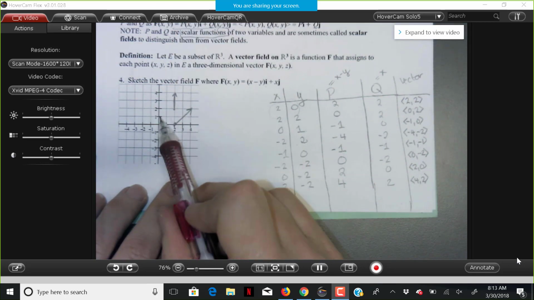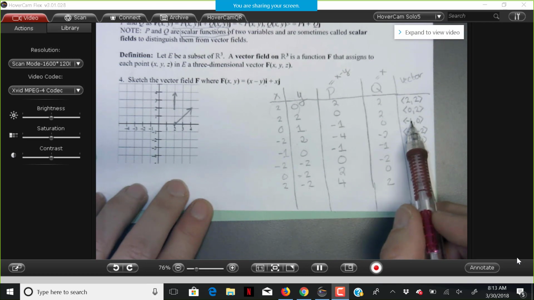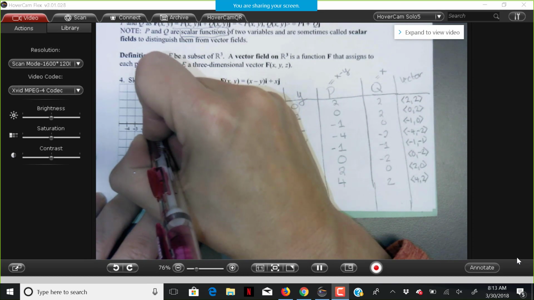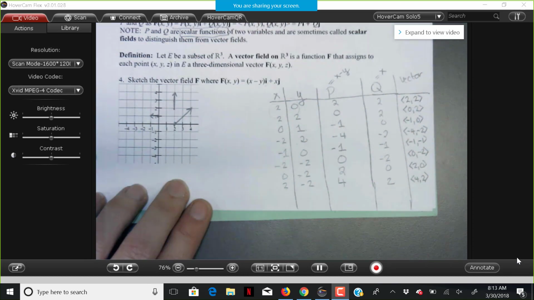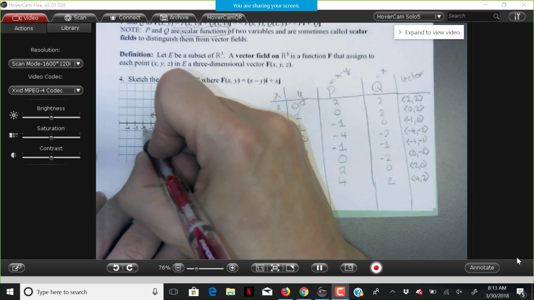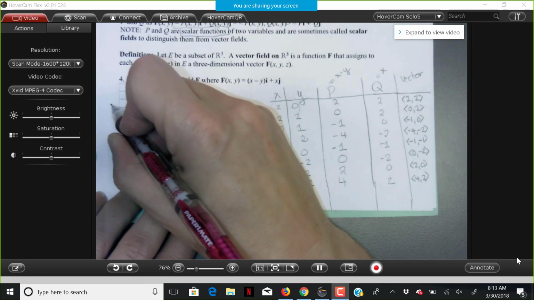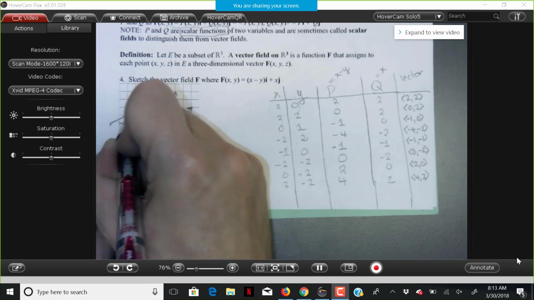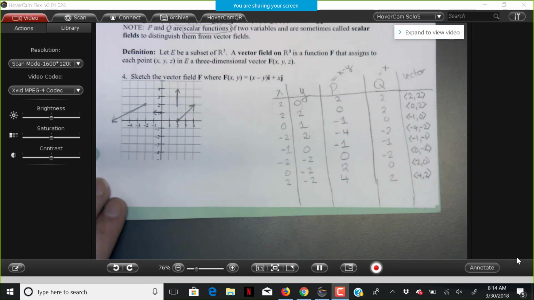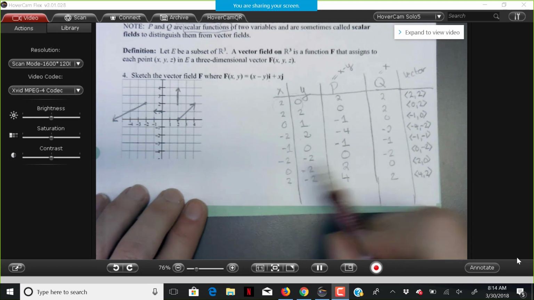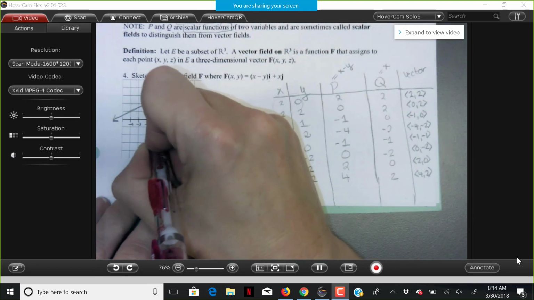And then at the point 0, 1, we go left 1, and there's no vertical component. And then at negative 2, 2, we go left 4, down 2. And then at negative 1, 0, we go left 1, down 1.